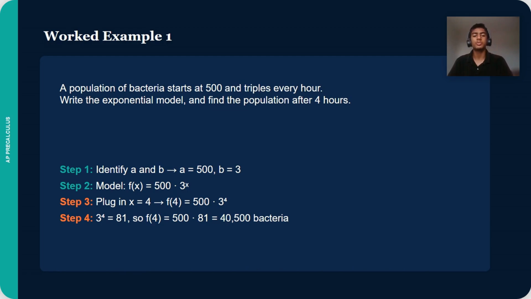Now, this is where most people mess up. Watch the step. Triples means multiply by 3, so b is 3, not 1.3, like a lot of students assume by pattern matching to percent problems. The model is 500 · 3^x. Plug in x = 4, and that's 3 to the 4th power, which is 81. 500 times 81 is 40,500 bacteria.